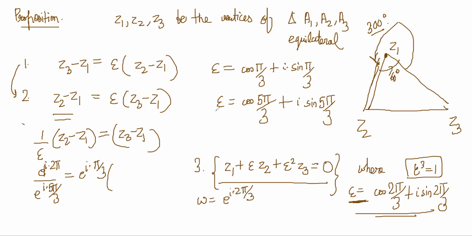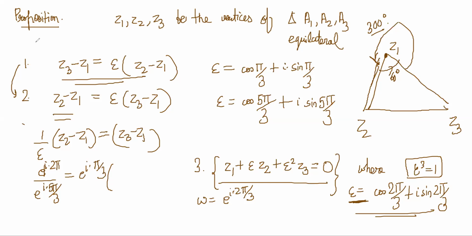If you just put the values of Z2 using this and Z3 using this, use these results to get values of Z2 in terms of Z1. You have to somehow eliminate the variables and get it. So we can prove it.